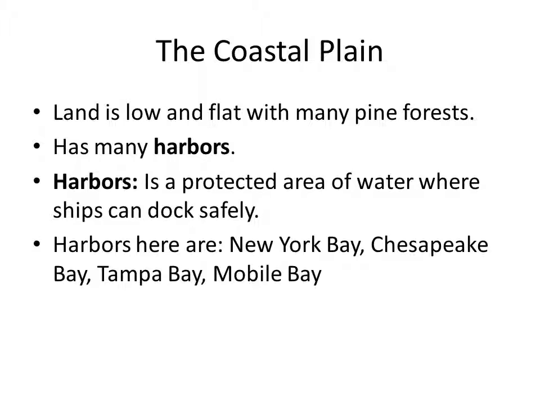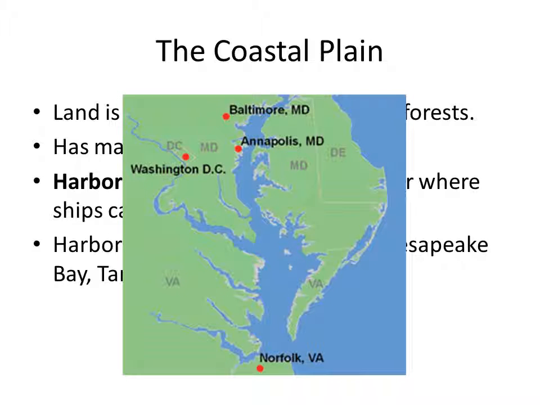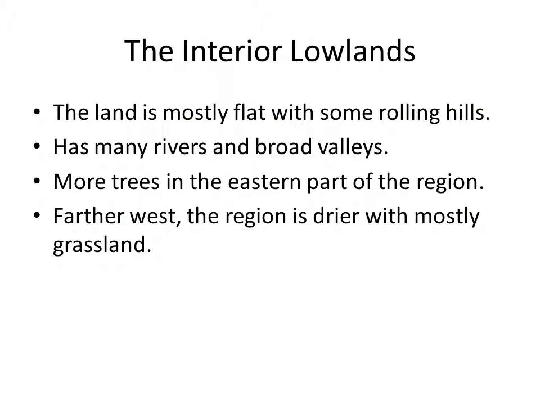The idea is very similar when we talk about harbors on water, which is how we're talking about them now. It basically means that ships can be safe from harm in harbors. So we have many harbors: New York Bay, Chesapeake Bay, Tampa Bay, and Mobile Bay. The one closest to us is Chesapeake Bay right there.